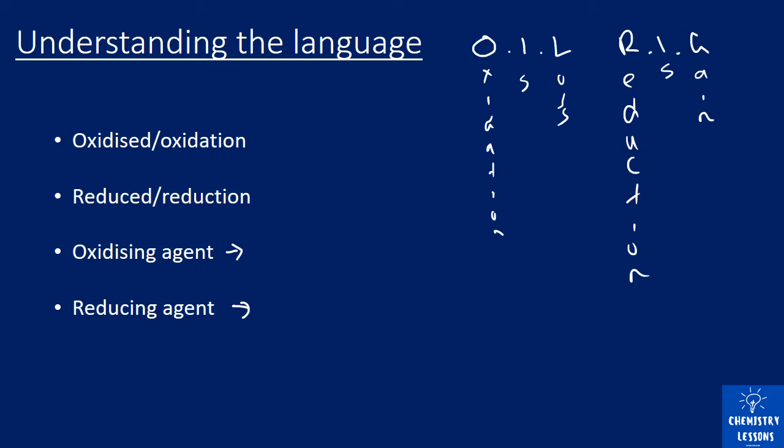And the complete reverse of that, a reducing agent is something that will give electrons to something. You are allowing something else to be reduced. If you reduce something, you give it electrons. So a reducing agent is something that donates electrons. Okay, so make sure you have those terms very clear. Oxidizing agent and oxidized are not the same thing. They're actually quite the opposite. So make sure you've got those 4 key terms very clear.